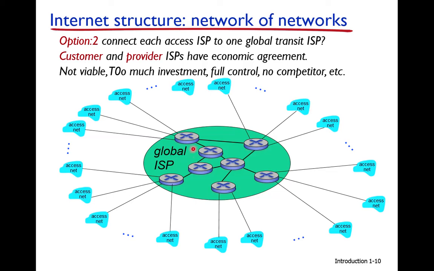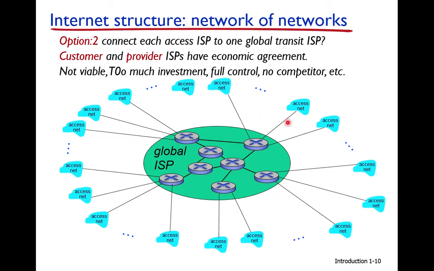So the second option is that we have a global ISP. Global ISP means there is a provider ISP who has deployed their routers all over the world, and their routers are interconnected. Each access network is connected to the global ISP, so it means each access network is connected to every access network. This global ISP is called a transit ISP, because it just works to move the data from one access network to another.